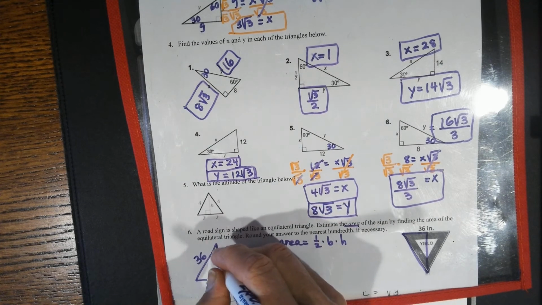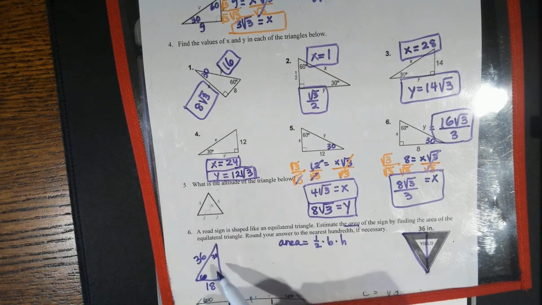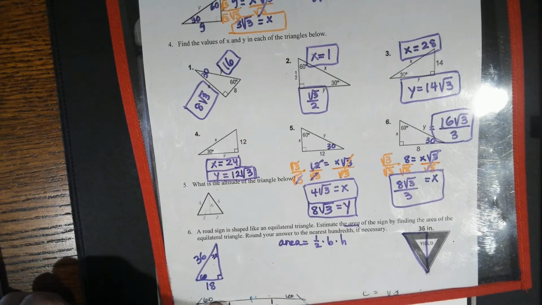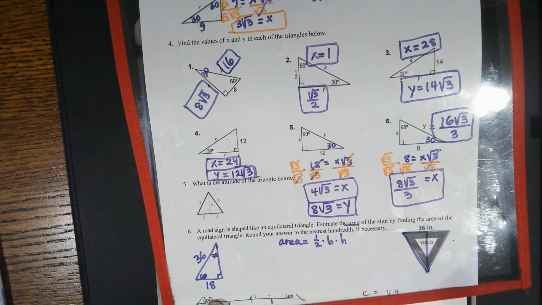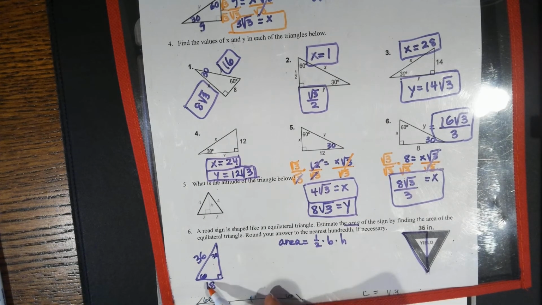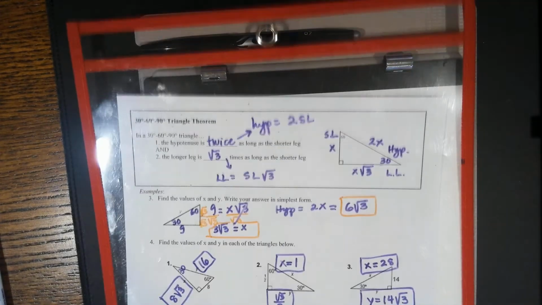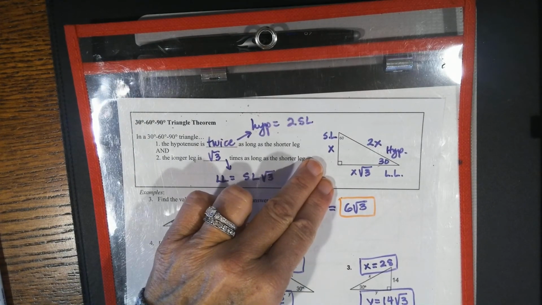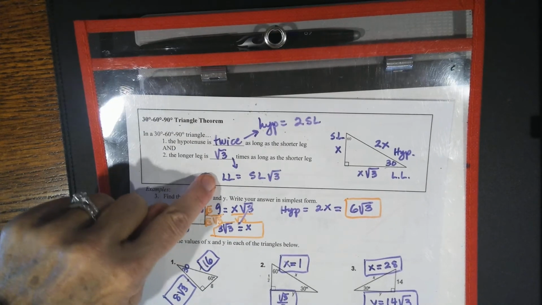This is 30. This is 60. This is my x. That's my single x, and that's my twice x. So what is this going to be right here? It's not going to be 36, because this is a 30, 60, 90, remember? This is the longer leg I'm looking for.